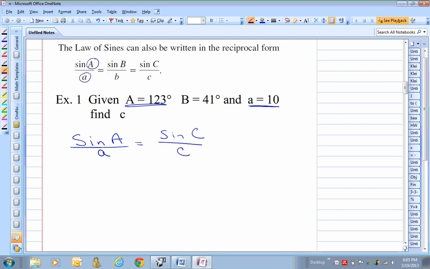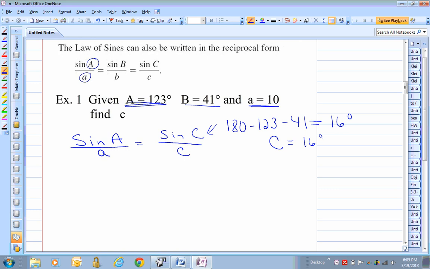Look what we have: two angles of a triangle. We can find our missing angle by subtracting from 180, since all triangles add up to 180. So 180 minus 123 minus 41 would give us 16 degrees. So angle C would be 16 degrees.